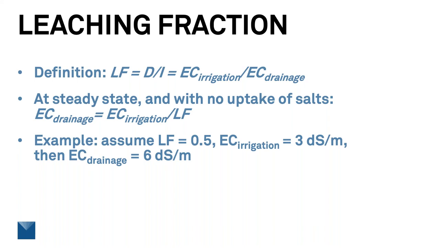In the example here then, the nutrient solution is at 3 decisiemens per meter, and if 50% of the irrigation is drainage, then the drainage water would be at 6 decisiemens per meter. Now, of course, there is uptake of nutrients, hopefully a lot of it, but this gives a feeling for the amount of drainage that would be required to bring down the root zone EC, electrical conductivity.